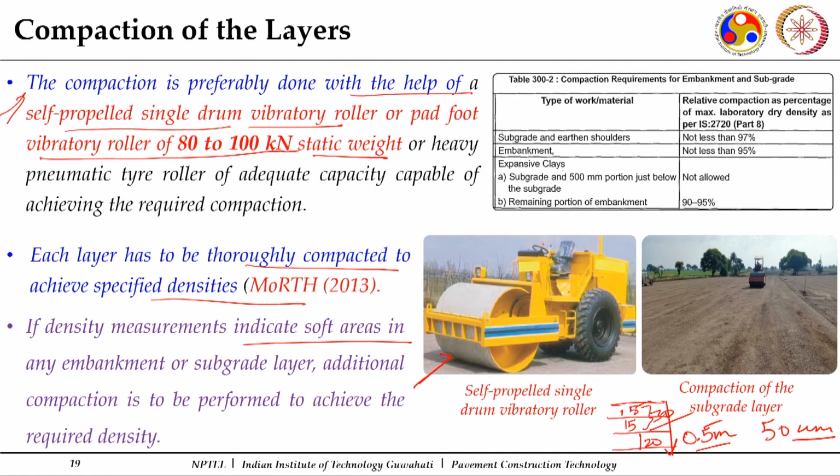Many a time, if you move over the layer of the soil, from your visual examination you can come to know whether this particular portion is compacted well or not. And then definitely we need to do the laboratory measurements to ensure that the density is achieved or not. But yes, during the compaction process itself, through your experience you can get an idea whether this particular part requires more compaction or not.